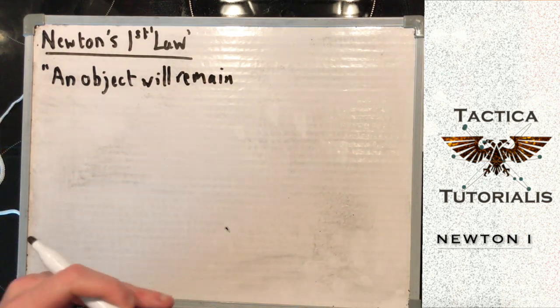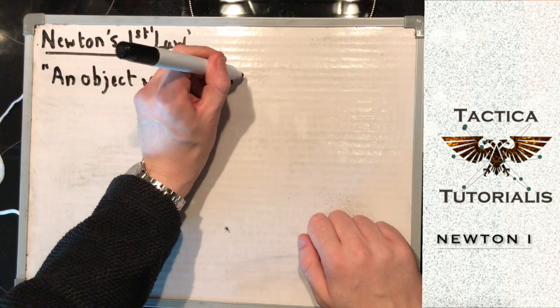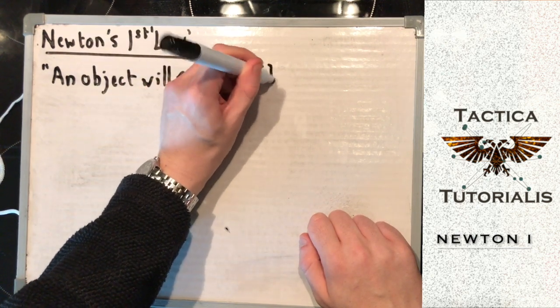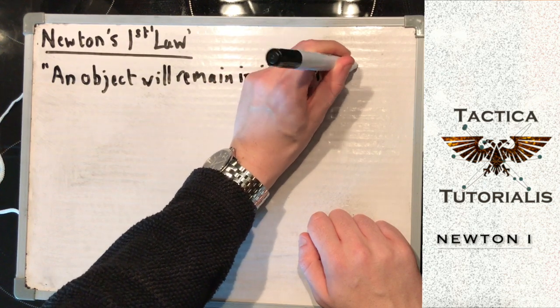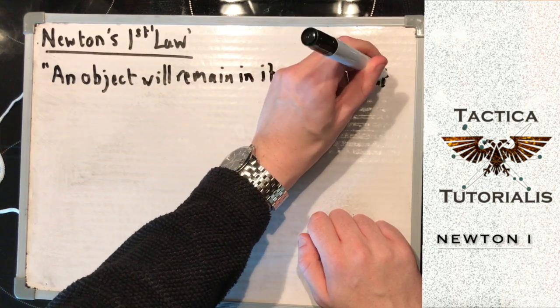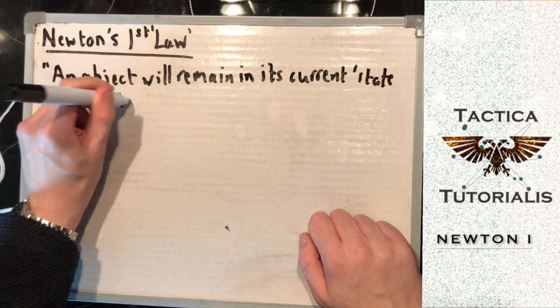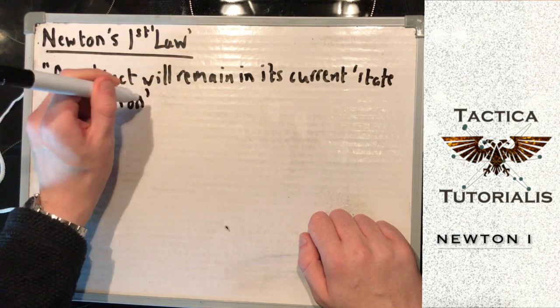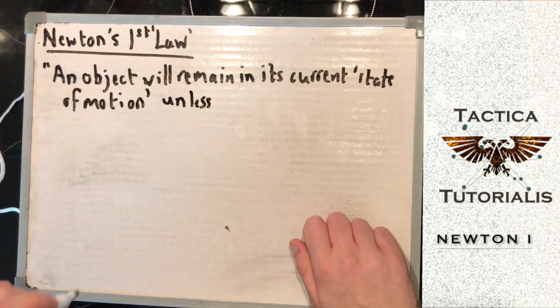It's actually very simple when you put it in terms of resultant forces and whatnot, which we'll do later, but these are the laws. An object will remain in its current state of motion unless, and we'll finish that quote in a moment.